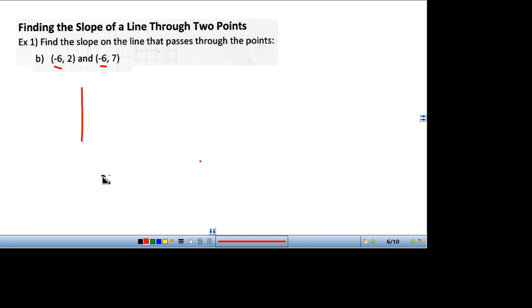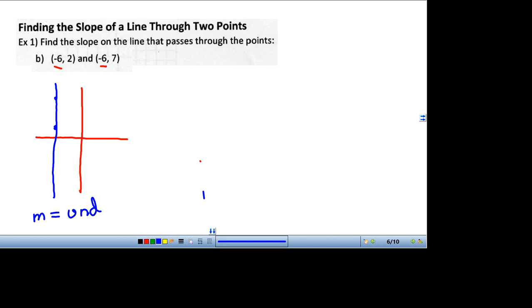So if I graph that puppy, I've got -6, and then it goes up to 7. And I connect those two, I can immediately tell it's a vertical line. We already know vertical lines, slope is undefined. Immediately you know that.